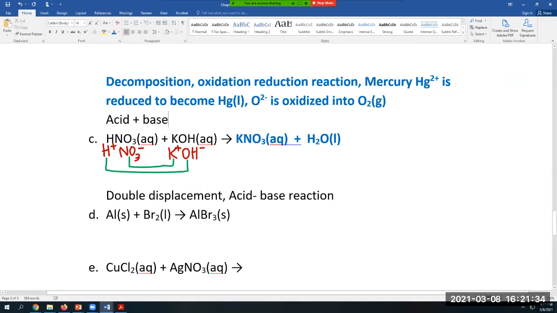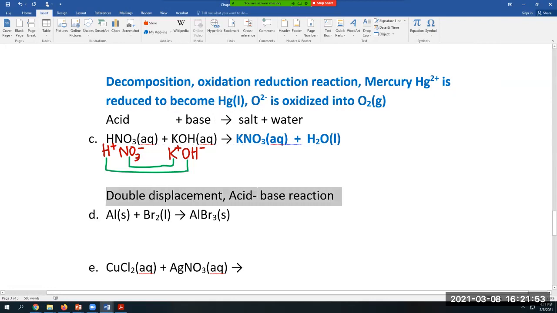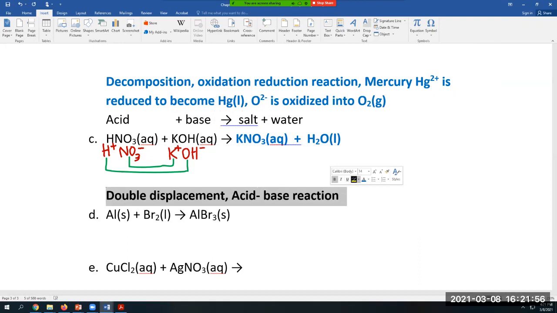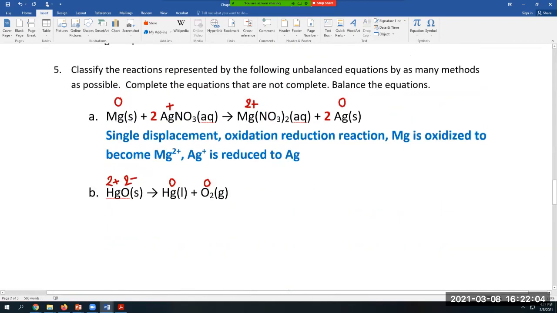The KOH is the base, gives the salt plus the water. So hopefully you recognize that general form of acid-base reaction. So this is a double displacement and acid-base reaction. Okay, so that's for question 5C.